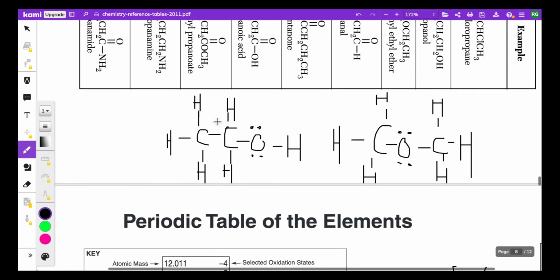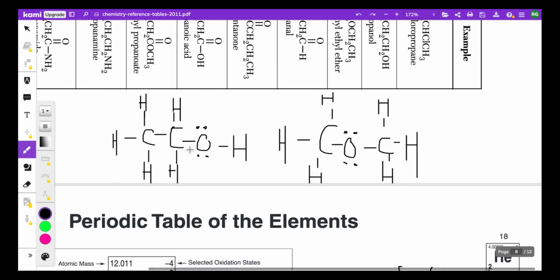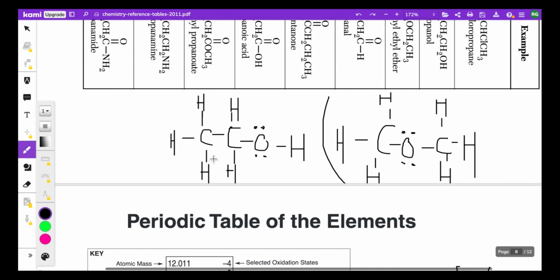Okay, so you can see how in both of these compounds I just drew, we have the same number of atoms, right? We have 2 carbons, 1 oxygen, and 1, 2, 3, 4, 5, 6 hydrogens. And there's the same amount here.